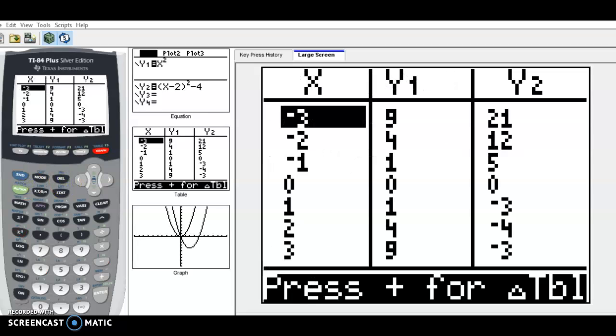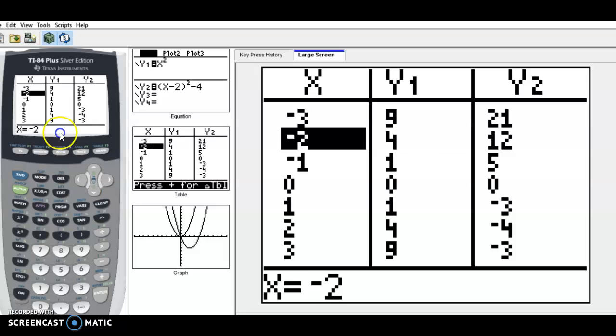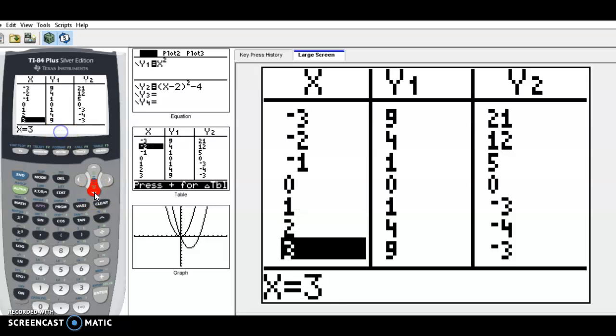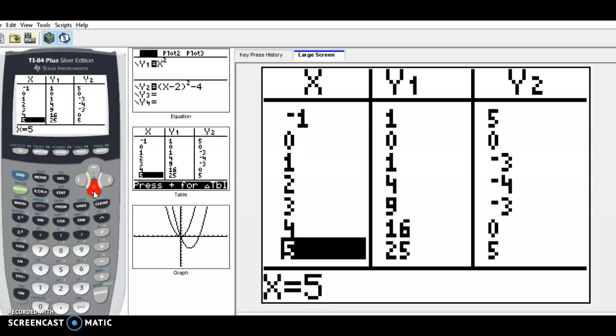So there's my table, and I've got obviously both values. I've got 2 different functions in here, and I'm just going to scroll down to see if I can find where it does that rainbow effect, where I see in the second column 5 and 5, 0 and 0, -3 and -3, and then the -4. All right, so there's where it has that rainbow effect.